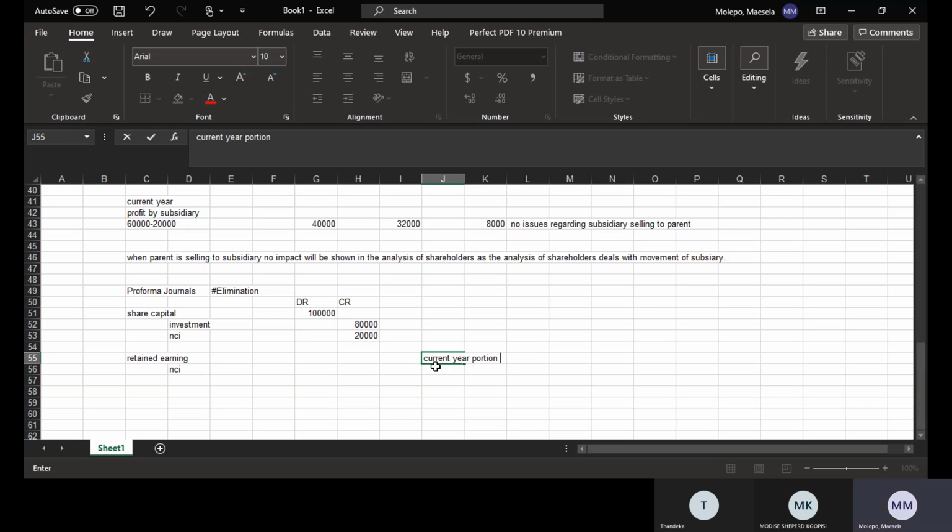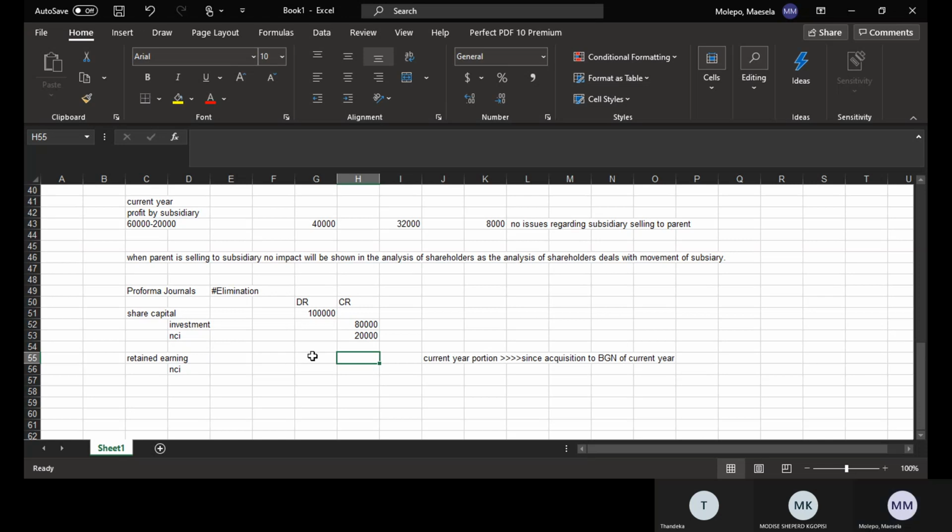The one which came as a result of since acquisition to the beginning of the current year. So it will be the 16,000 because we focus on the non-controlling part. 16 on the debit and the 16 on the credit side.